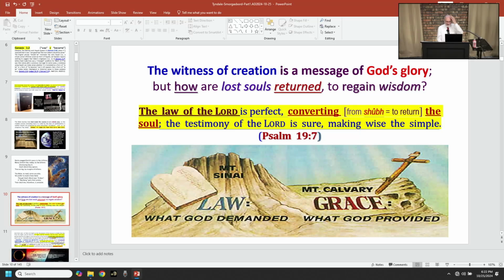When I read this Psalm 19:7, I'm reminded of a time years ago when I was in a room watching a screen, and the screen had a video on it, a live video feed, which came to us by satellite.